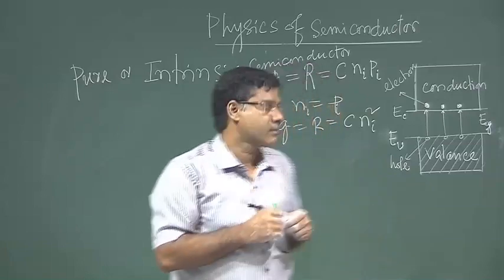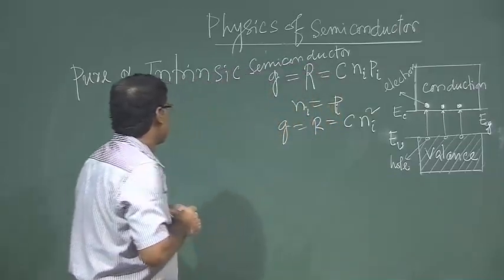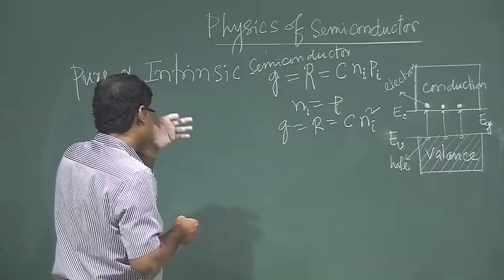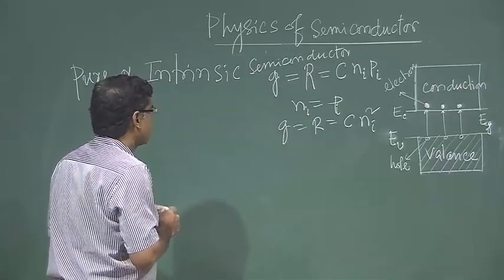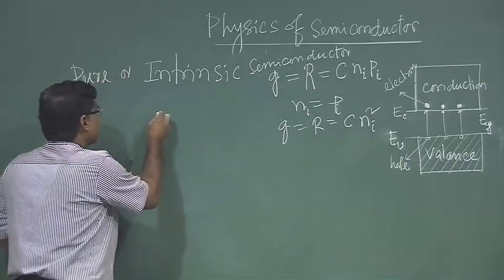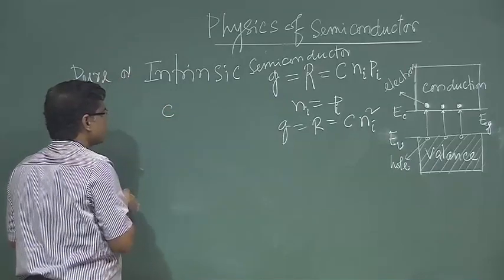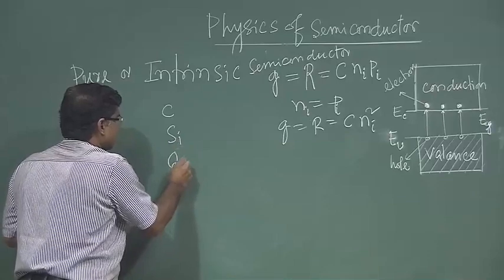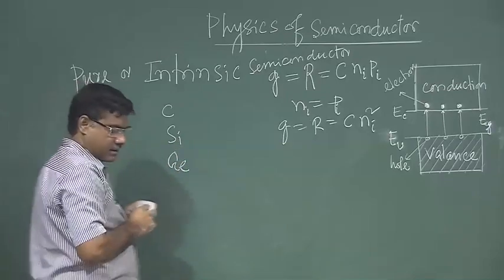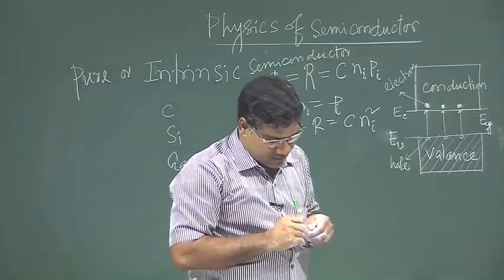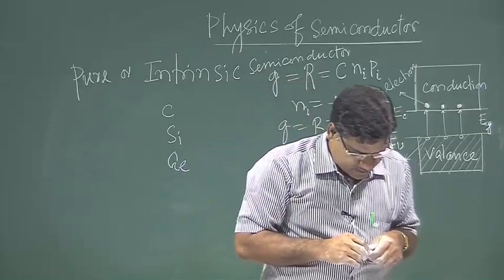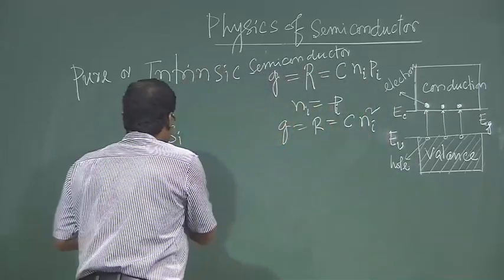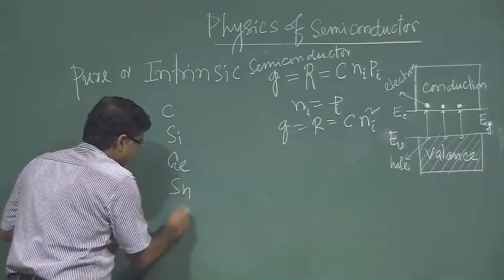When they form crystals, they are basically semiconductors. In group 4 there is carbon, then silicon, then germanium, then tin, Sn, then lead.